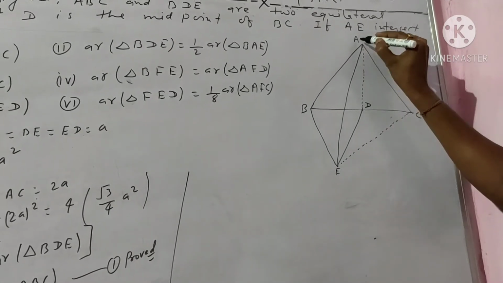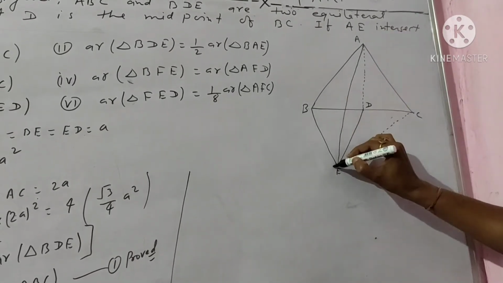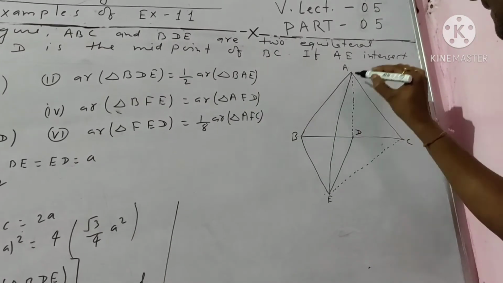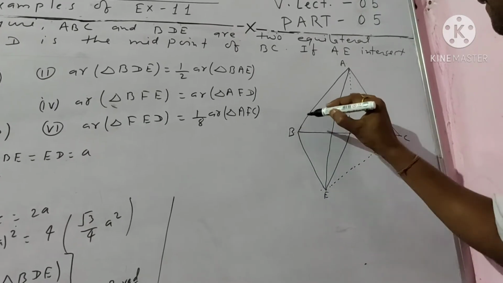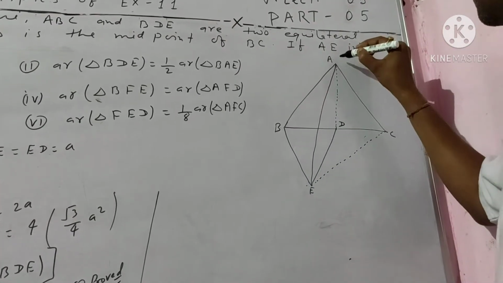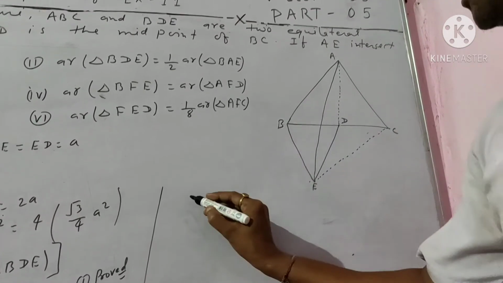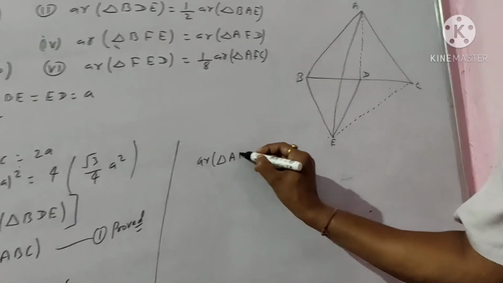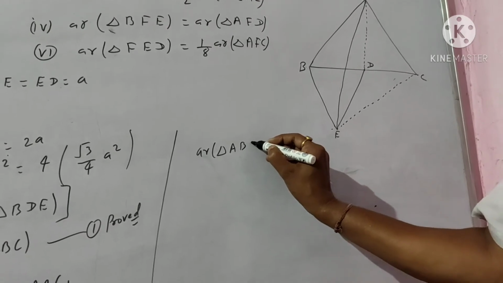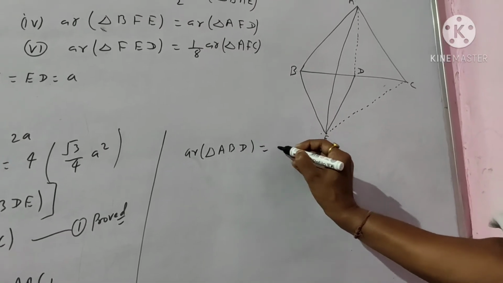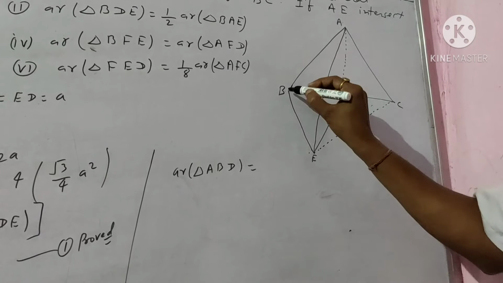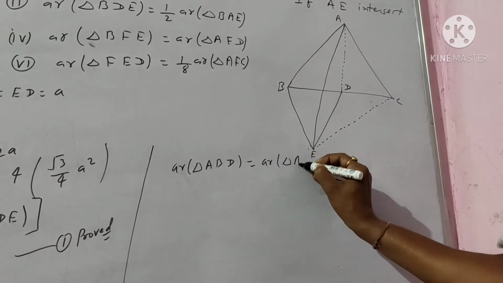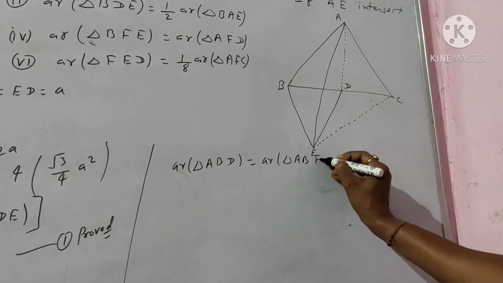On the base of AB, here student, two triangles: the first triangle is ABE, and the second triangle is ADB. So we can write here area of triangle ABD is equal to area of triangle ABE.